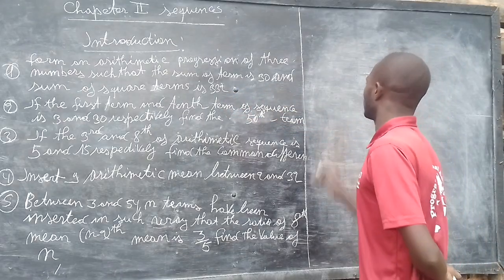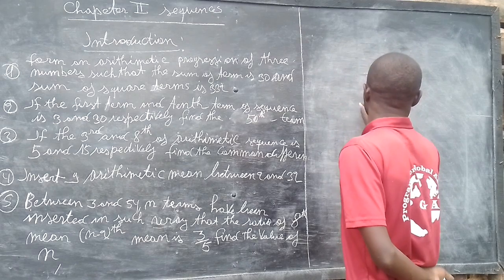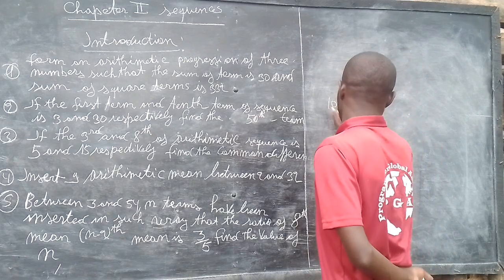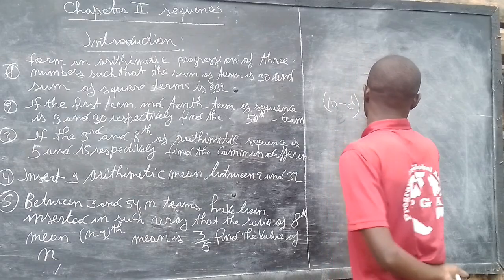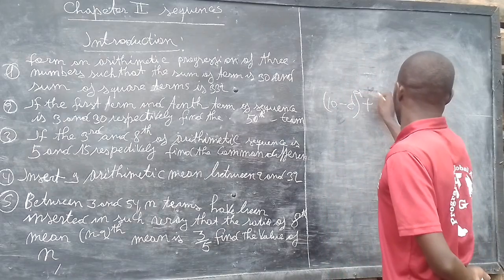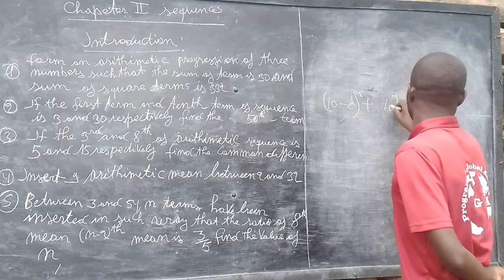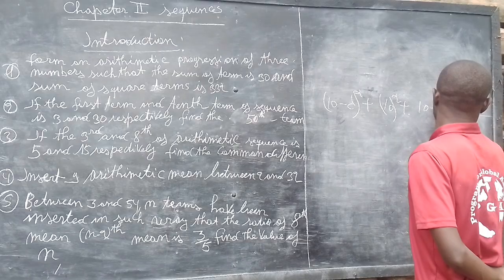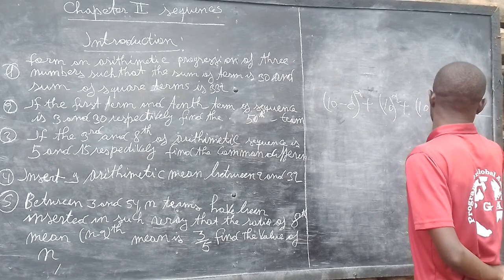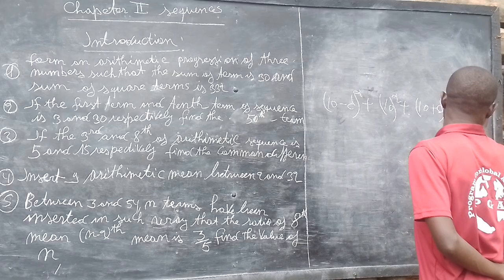So let's go. Here we have (10 minus d) squared, plus 10 squared, plus (10 plus d) squared, which is equal to 332.